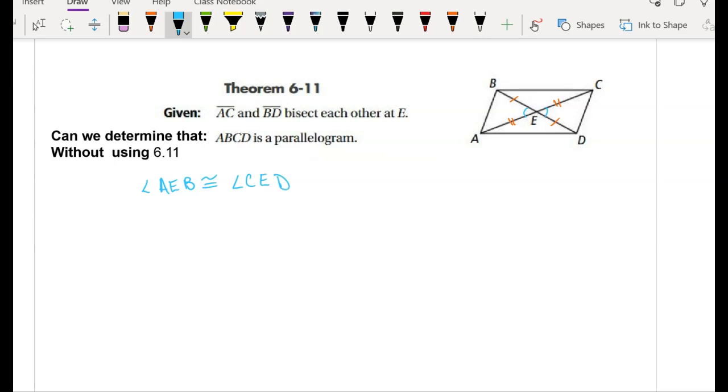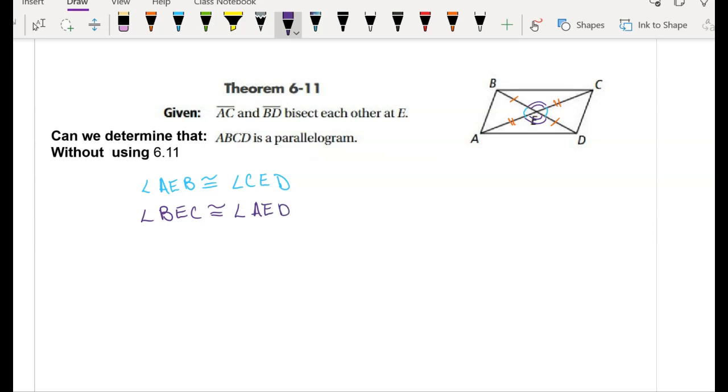Now what else do we know? Well, we know that angle BEC is congruent to angle AED.